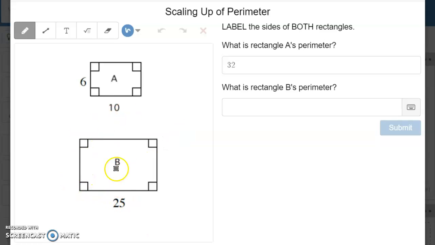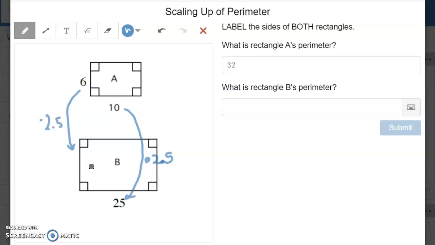Well, if I know this is multiplying by 2.5, what is this corresponding length going to be? For this length, I need to multiply by 2.5 as well.